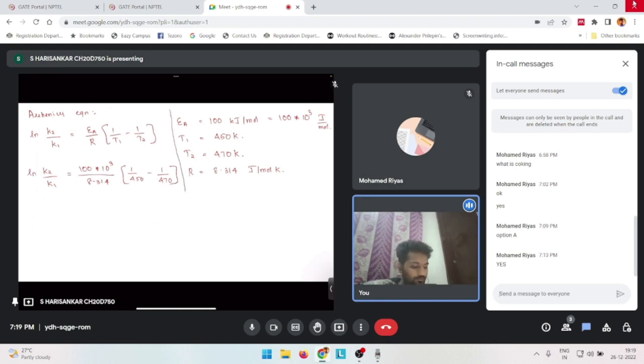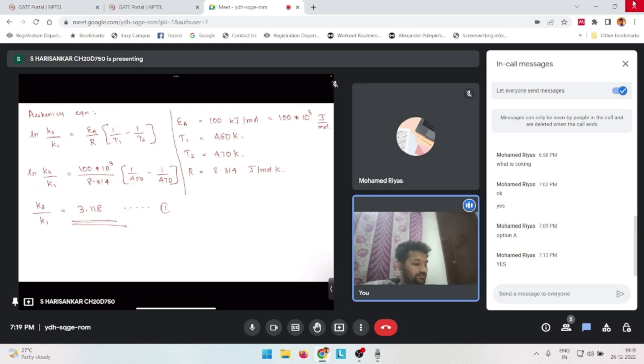So solving this and taking the exponential, we can get K2 by K1 is equal to 3.118. So let us take this as equation 1.